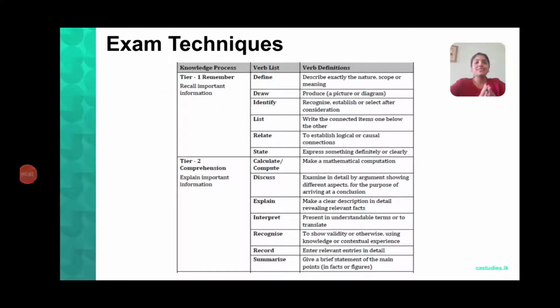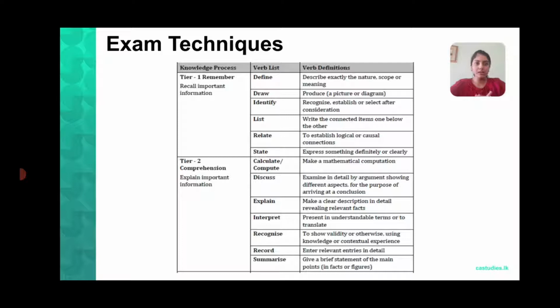Alright, so let's continue from the marking scheme focus. Okay, so this list of verbs that I have given is from the CA Institute, where they expect us to know the exact meaning of these words, so that we'll be able to attempt our paper successfully and give the correct answer as expected by the examiner.